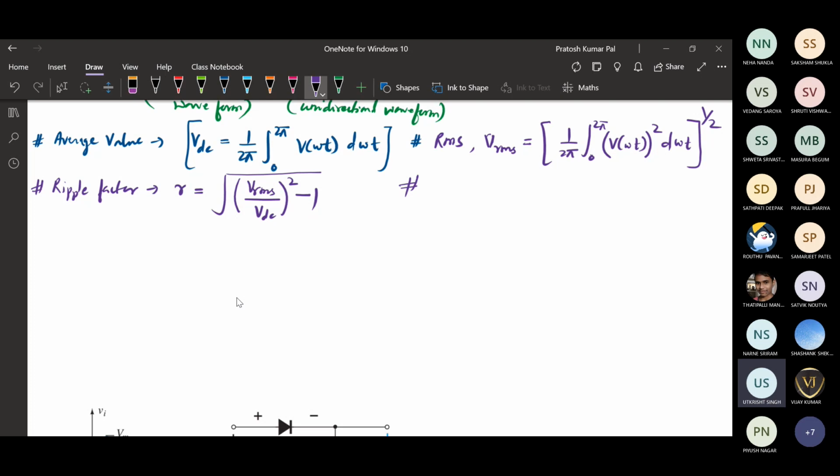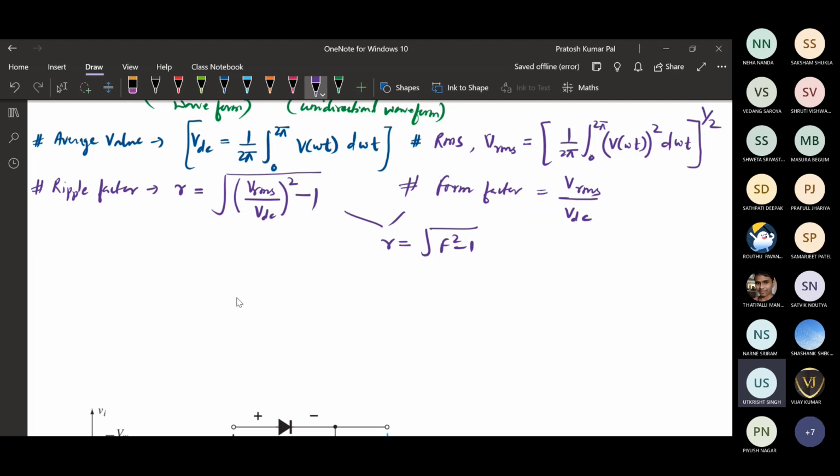Some other parameters basically define the rectifying nature of the system, what type of rectifying nature is there and how it is going to affect. One is the form factor. It is represented by V RMS divided by V DC. By comparing these two, we can see the ripple factor is the square root of F squared minus 1.